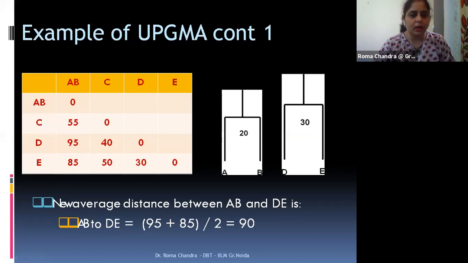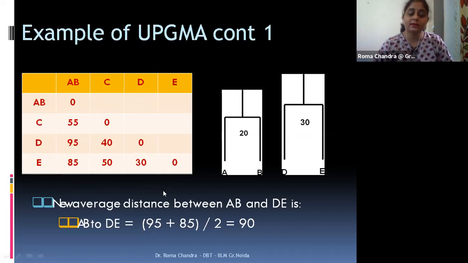Now again, because this is a distance based method, and we are considering the minimum distance to be the maximum similar information, I will just pick the minimum value out of all this. The next minimum value here is 30, and you can easily see 30 is the distance between D and E.